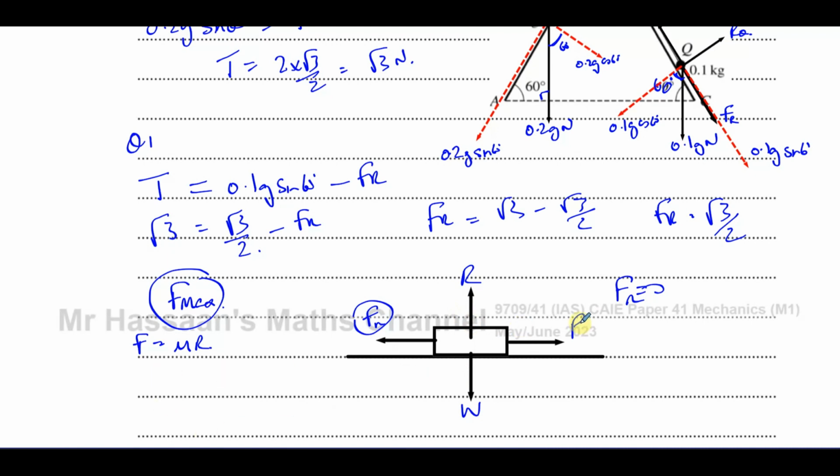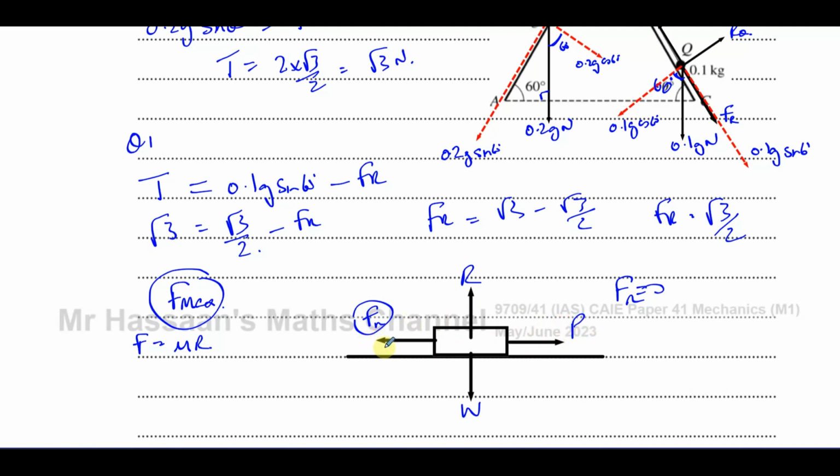So if F max is greater than the force that's pulling it, that means the frictional force will be able to match that force. It's not going to be more than that force if that force is less than F max. What it means is, wherever P is, the friction will match P. So if P is 5, the friction will be 5.